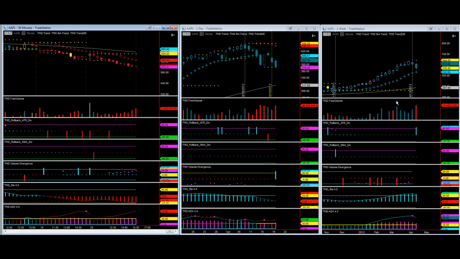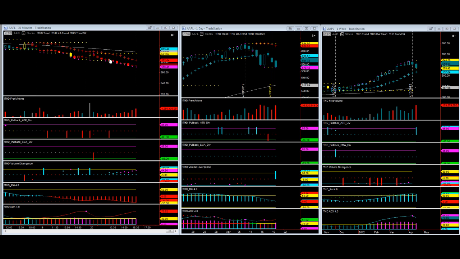So again, we called this on Thursday afternoon at 4:30, and just by trading a 30-minute chart on Apple, you made at least about $17–18 of profit per contract or per share on Apple.